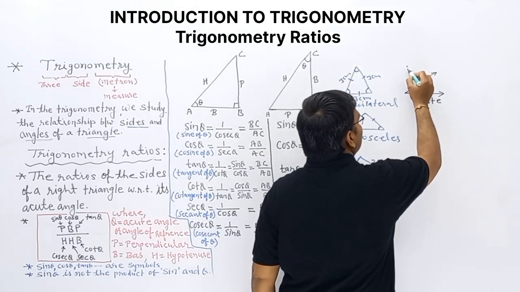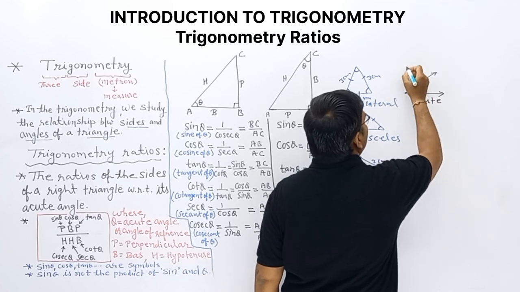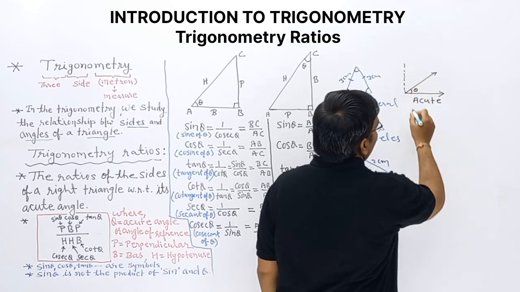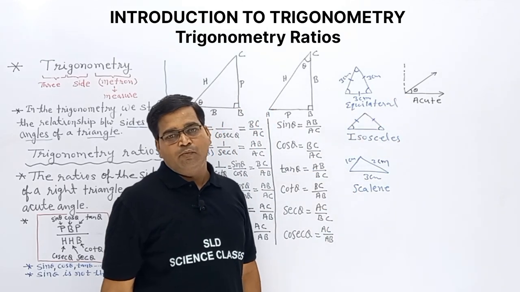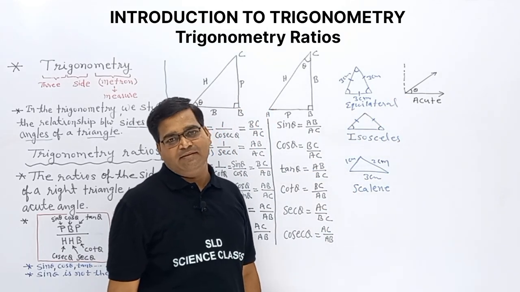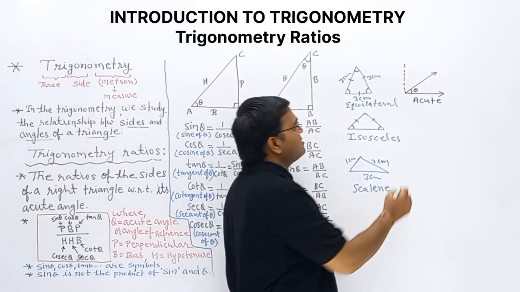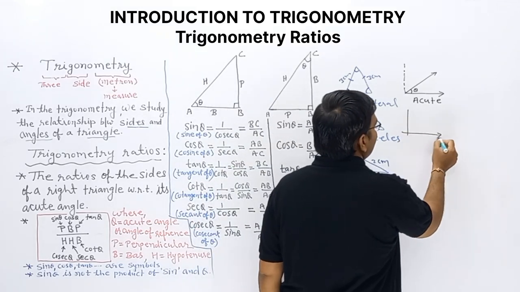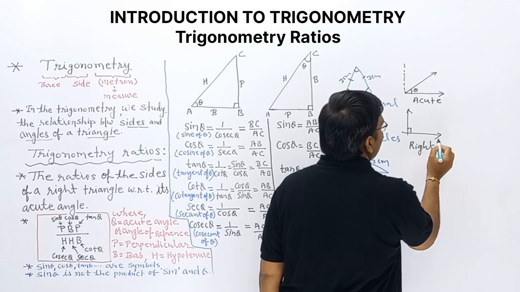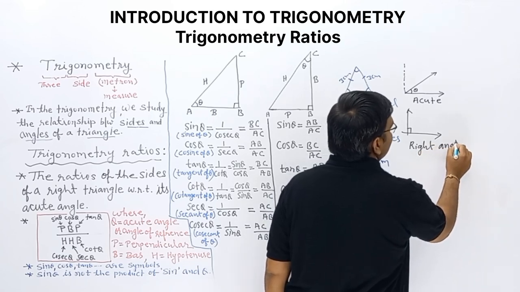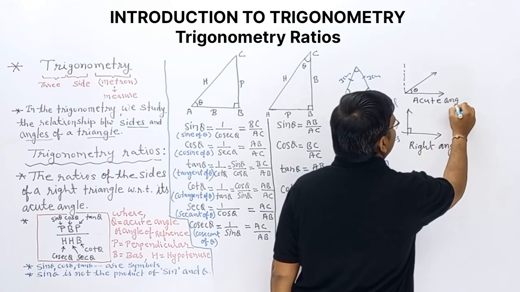I am drawing the 90 degree line; below 90 will be an acute angle. If the angle is 90 degrees, then that is called a right angle. This is an acute angle.